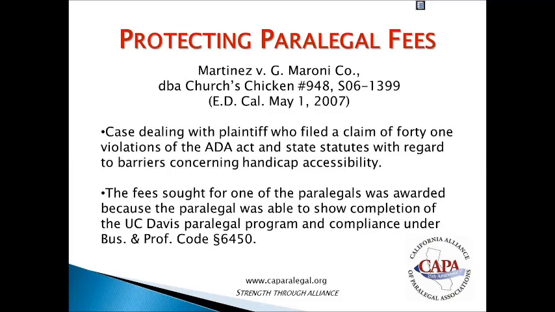Now, in 6450, we have an MCLE log, don't we, Michelle? So it is extremely imperative that someone like Michelle, and any paralegal for that matter, keep those MCLE compliance logs up to date. Best practice is to visit our website at caparalegal.org and find our 6450 new publication. Print off that log.